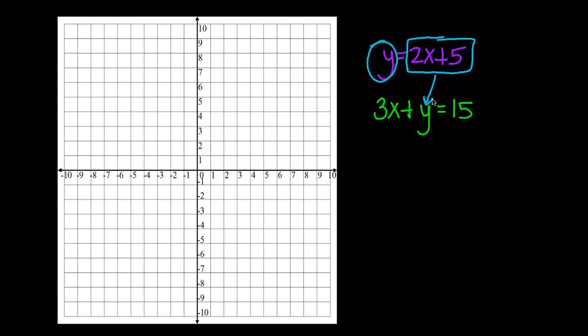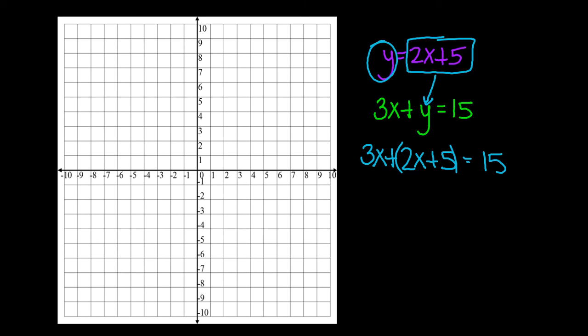So I'm going to say since y is 2x plus 5, then the green equation can be rewritten as 3x plus, instead of y, 2x plus 5 equals 15. So all I've done is instead of putting a y in that equation, I've plugged in what y is equal to, since y is equal to 2x plus 5.